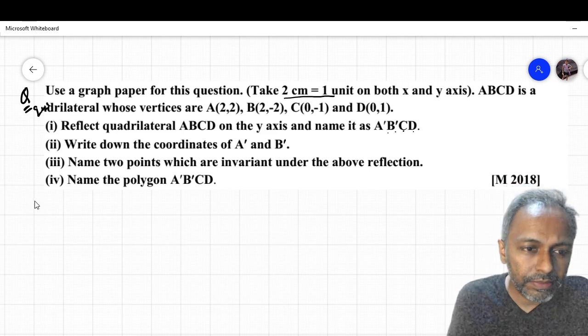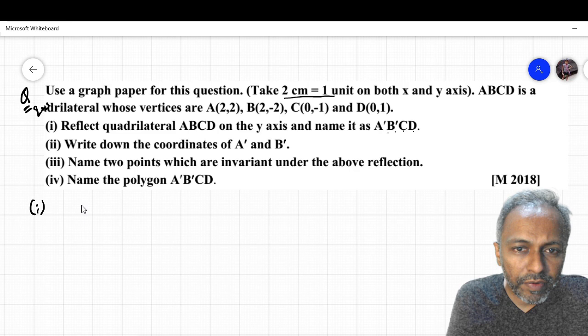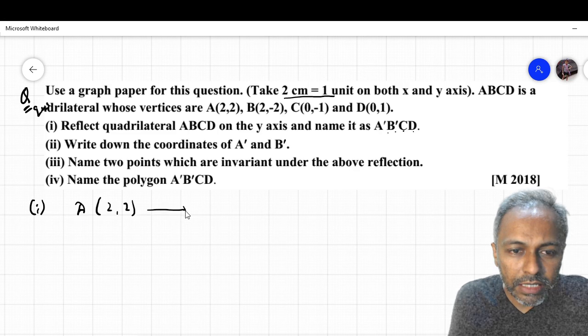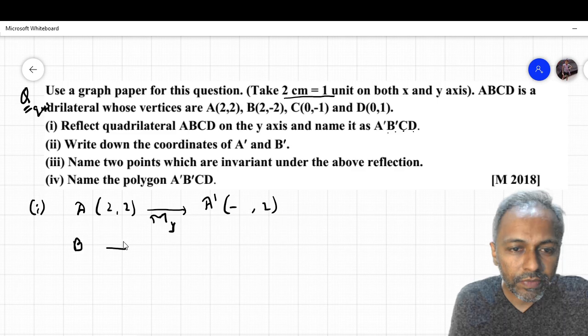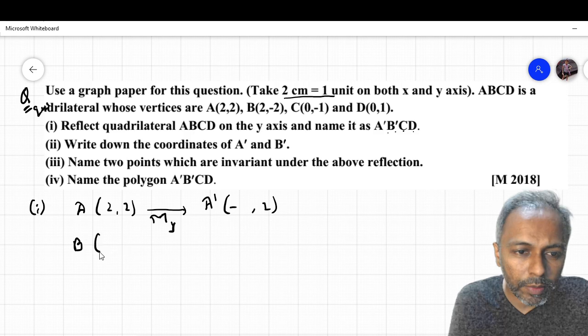Okay, let's start. So when you reflect point A (2, 2) on the y-axis, your A dash will become, so this is mirrored about the y-axis, the x coordinate will change in sign. So this is the A dash value. When you reflect B, B's coordinate is (2, -2).